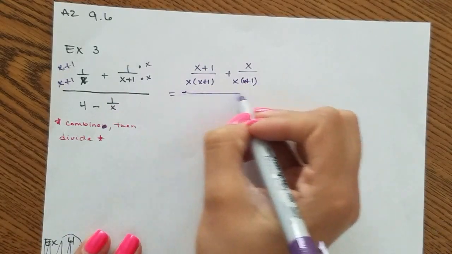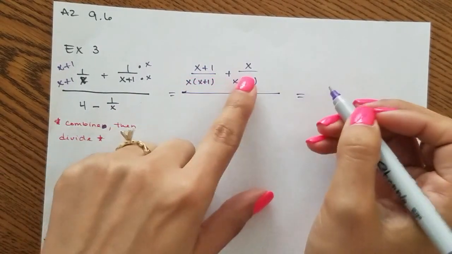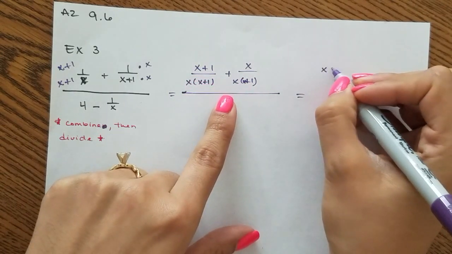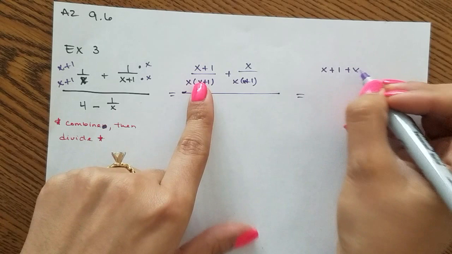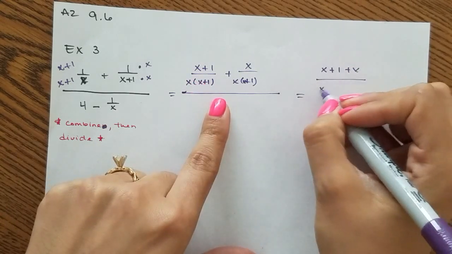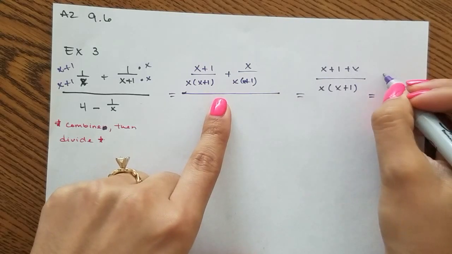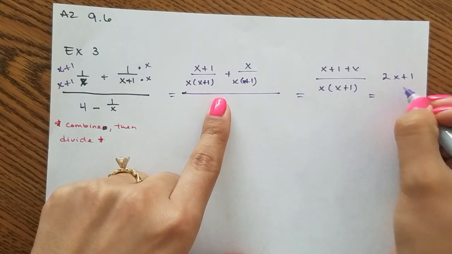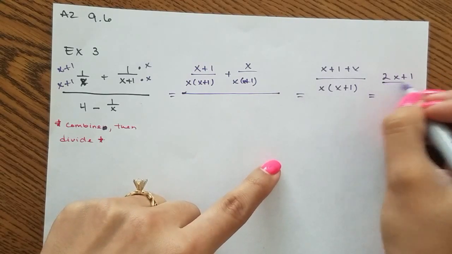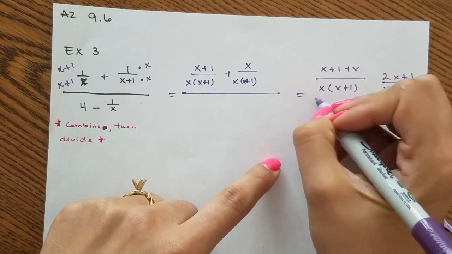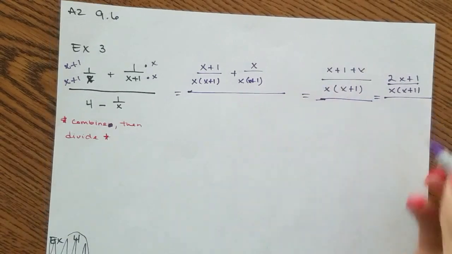Okay, that's all in the numerator, so I'm going to keep going over here. Since I have a common denominator, I have x plus 1 plus x all over x times x plus 1, which is going to give me 2x plus 1 over x times x plus 1 in the numerator.